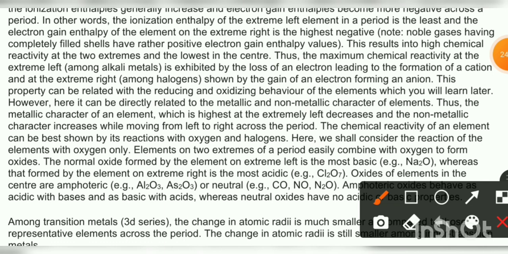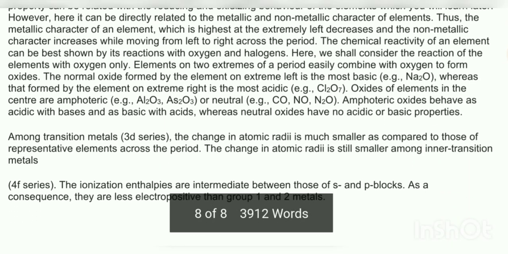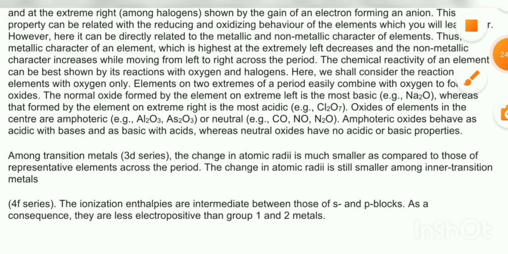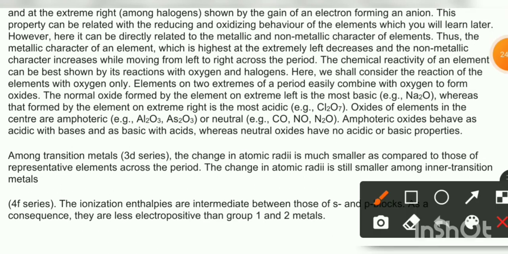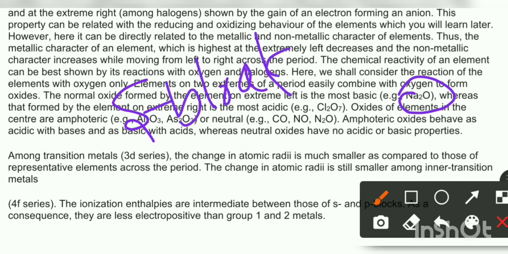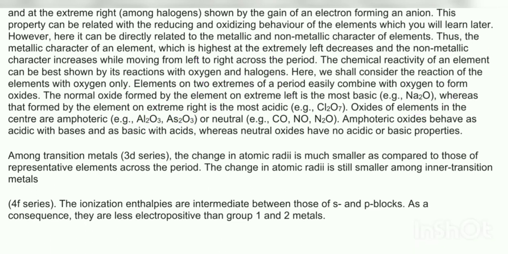That means they have the ability to react with oxygen, or in other words, oxygen has the capacity to react with all. Whenever oxygen reacts with alkali metals or the s block elements, the elements present on the extreme left side, they form basic oxides.